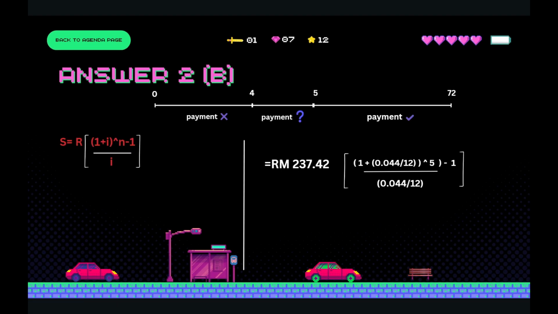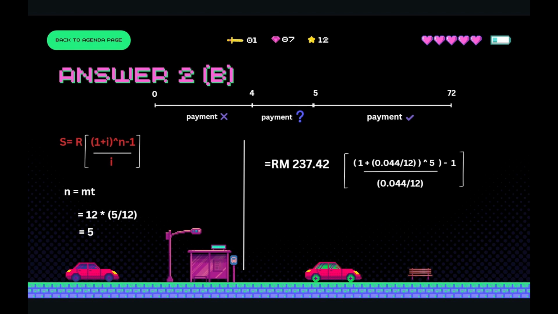For this question, we are going to use the future value formula, which is S equals R, open big bracket, open small bracket, 1 plus I, close small bracket, in the power of n minus 1 over I, close big bracket.